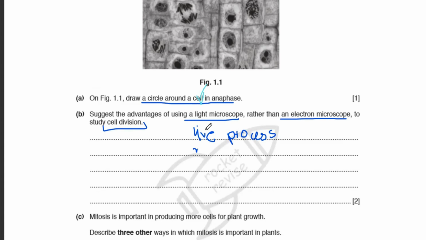No, they're asking about light microscope, you cannot write about resolution. You can say that you can get a colored specimen. One of them is a live process, the other one is a colored specimen, meaning that you can put a dye while using a light microscope, but you cannot see a colored specimen in an electron microscope because we just get a black and white diagram.